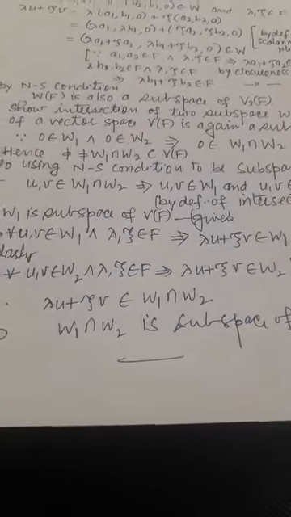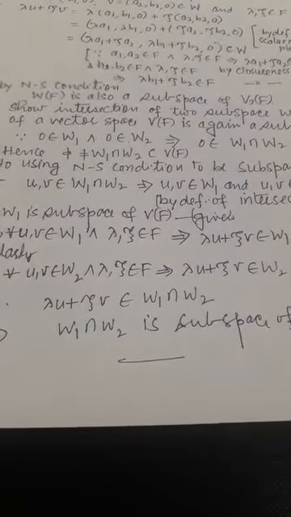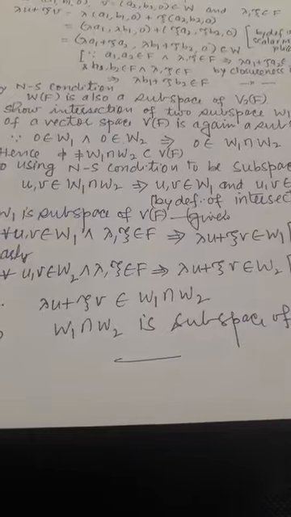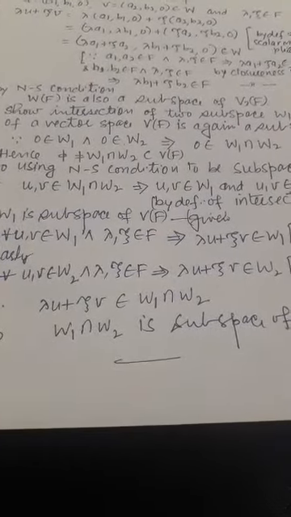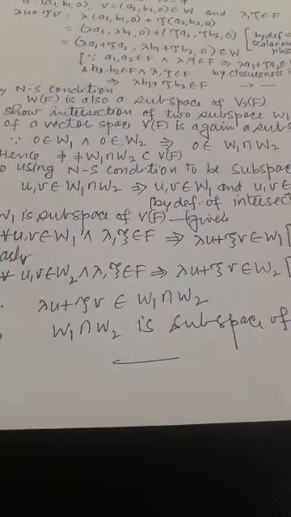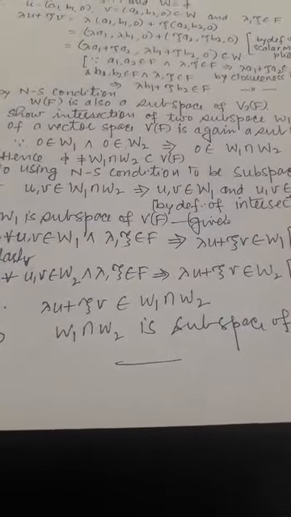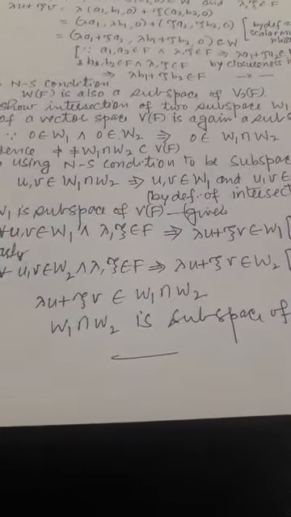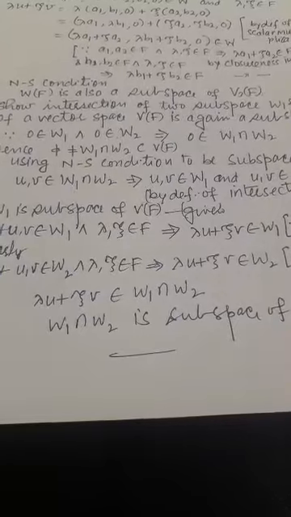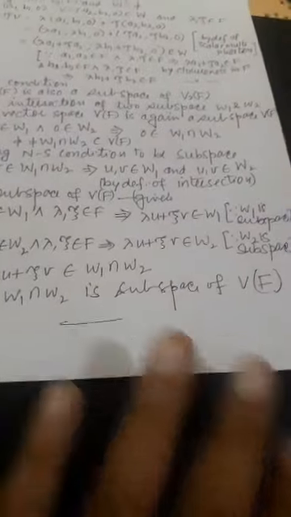Now using the NS condition, we consider two members u and v belonging to the intersection of W1 and W2. Intersection means the element contained in the intersection should be contained in both. So u and v belong to W1 as well as W2 by definition of intersection.